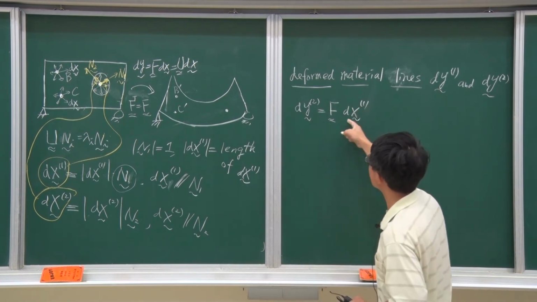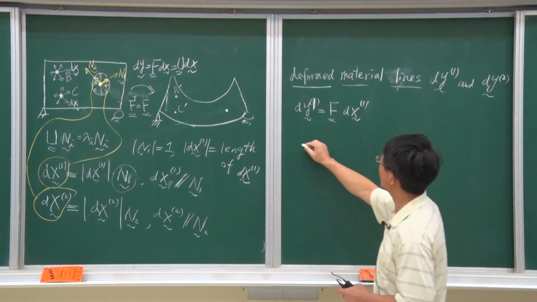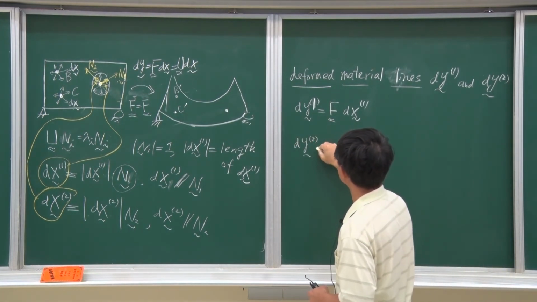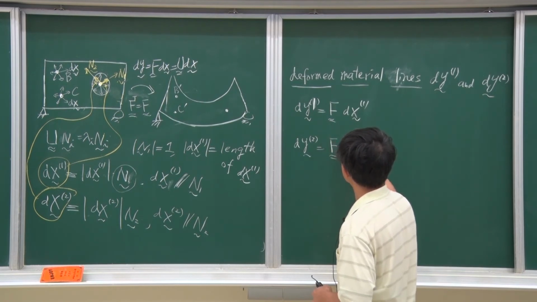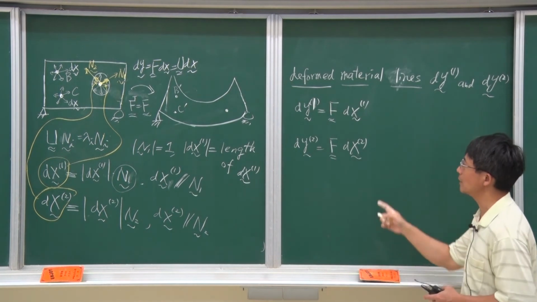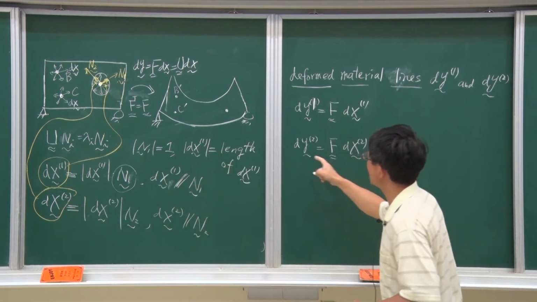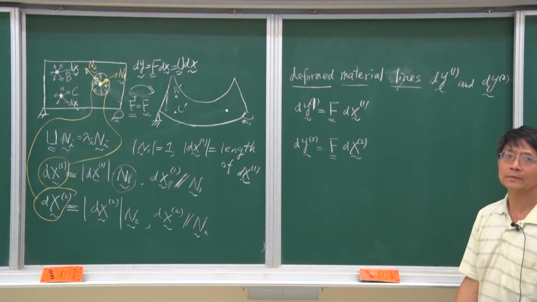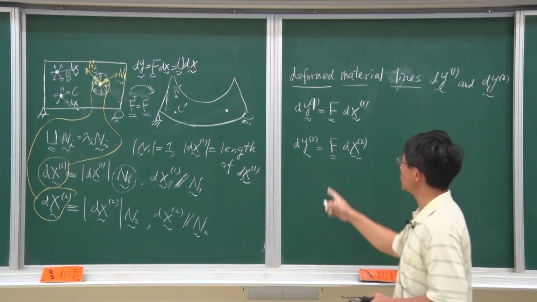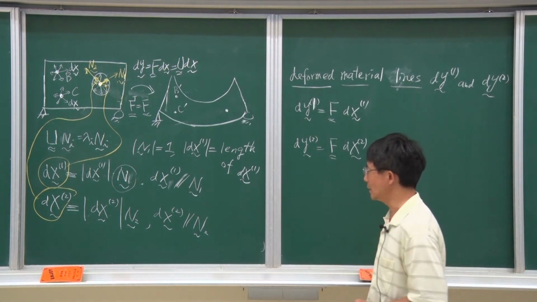This is the special material line deformed from dx1. Also, the other material line will be deformed into another material line. Okay, this is the deformed material line. Let me show you. They must be perpendicular to each other.